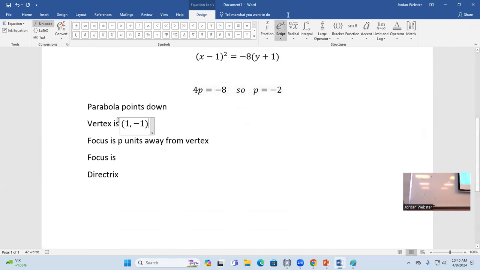But remember, we know that we're pointed down. So my focus is going to be down 2. Down means I'm changing the y value. And then my directrix, I'll draw that, is going to be above by 2.